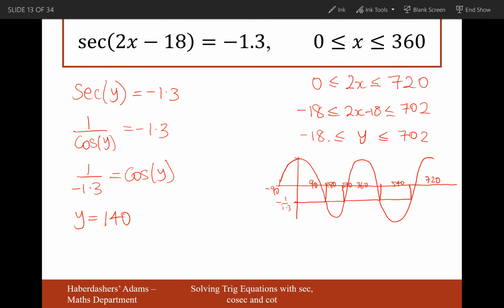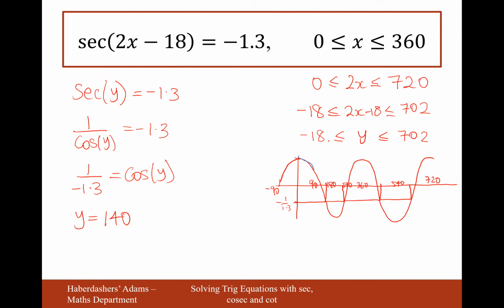So how did I get to those solutions? Let's use a different coloured pen to highlight this. From the peak, I've come down by about 140. So I've added 140 from the peak there. So to get to my next solution, I'll come backwards by 140. For the next solution, I've come forwards by 140 from the peak on the right-hand side there.